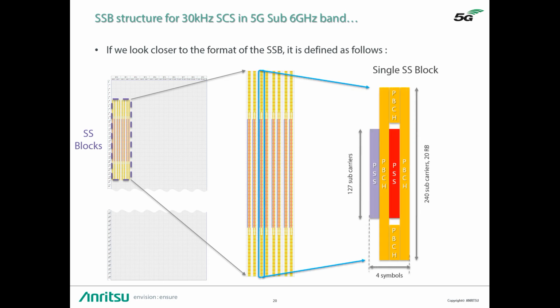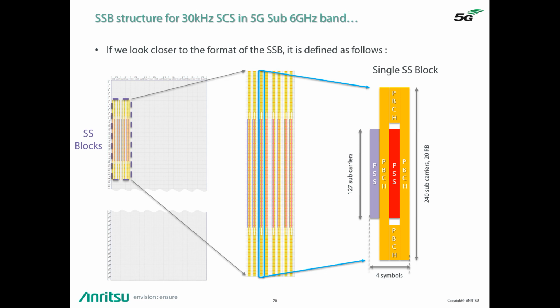An SS block consists of 240 contiguous subcarriers, which also equals 20 resource blocks. This can be seen on the vertical axis here. These subcarriers are numbered in increasing order from 0 to 239 within the SS block. Each SS block transports signals like PSS, which is the primary synchronization signal, SSS, the secondary synchronization signal, and PBCH, the physical broadcast channel.